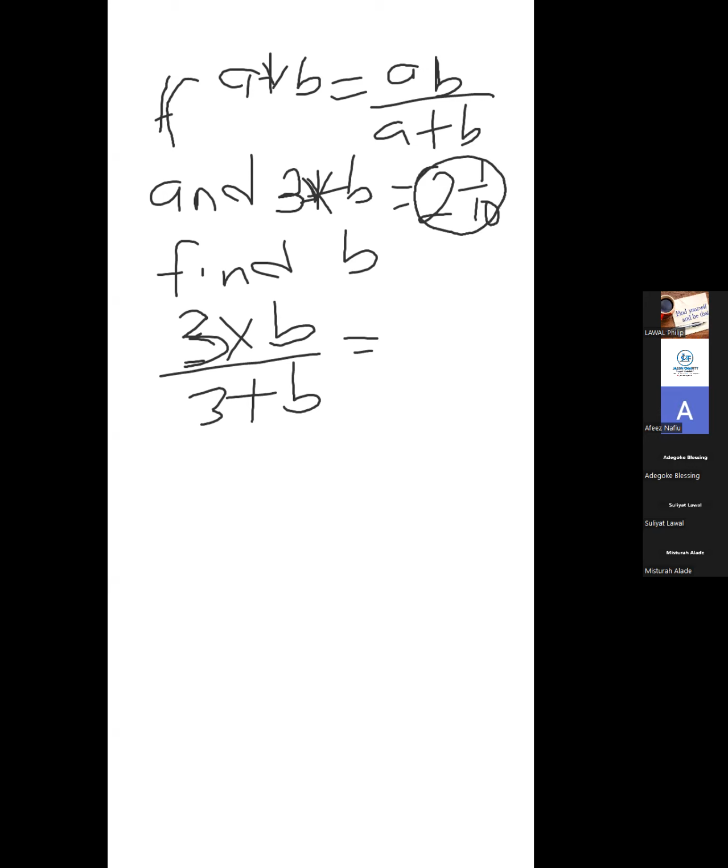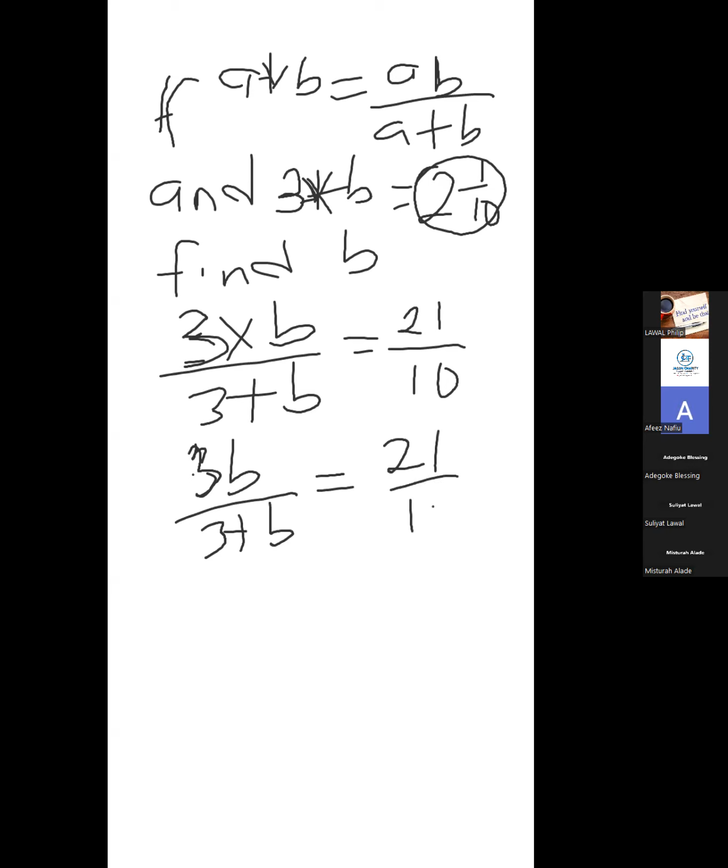This is a mixed number. I can express it as an improper fraction. This will be 21 over 10. So we can proceed to say 3B over 3 plus B is equal to 21 over 10.